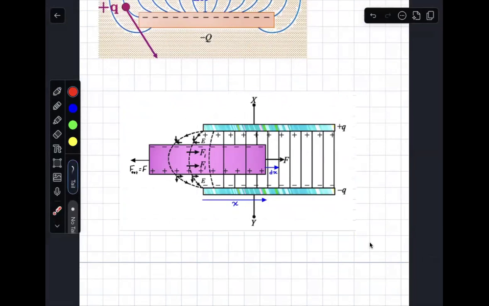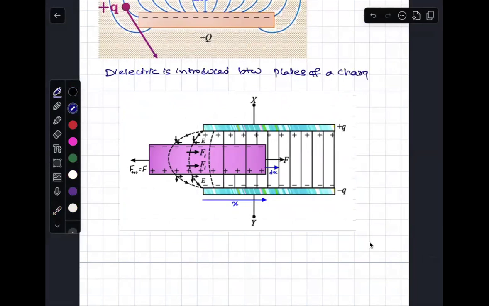In this case, the dielectric is introduced between the plates of a charged capacitor.